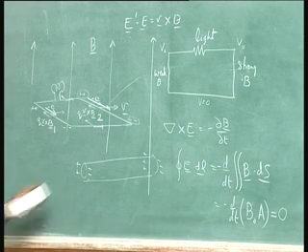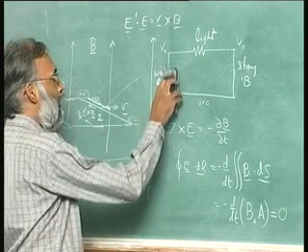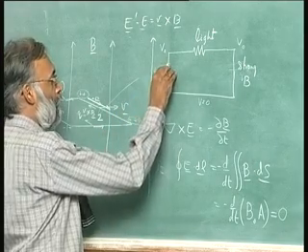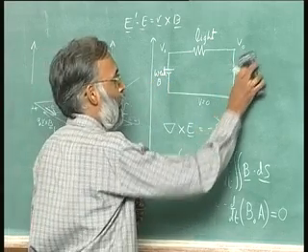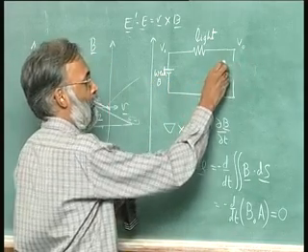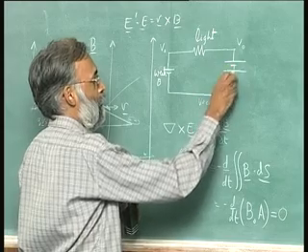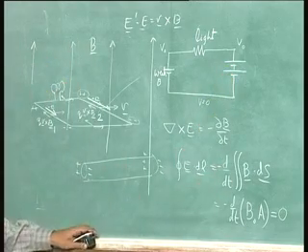Now, we can draw our circuit diagram differently. We can say that we have a small battery here, but we have a strong battery.